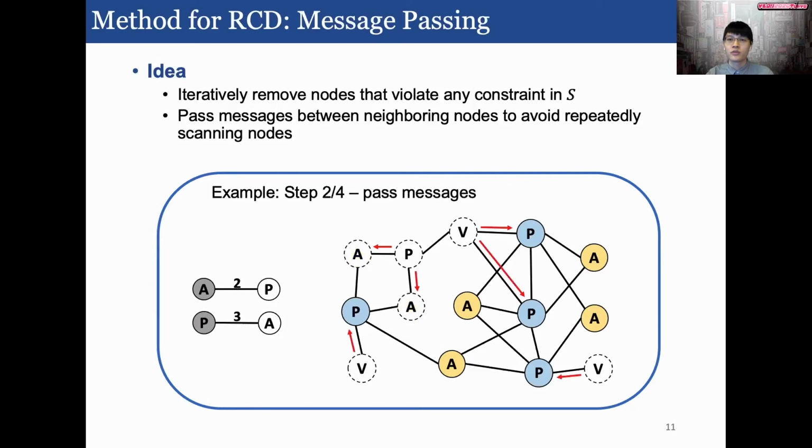Then for each removed node, we send messages to its neighbors. These neighbors are then tested and removed if they violate the schema. The algorithm repeats this process until no more nodes are removed. When it ends, each connected component in the graph is a relational community satisfying the schema.